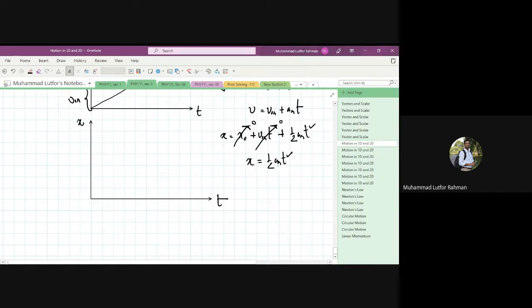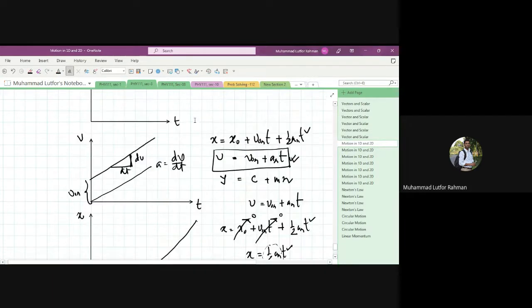If acceleration is constant, then the total term half of a x is constant, so x is proportional to t square, like y equals x square curve. That means it will be a parabola like that. That would be the displacement versus time graph if the particle moves at a constant acceleration.